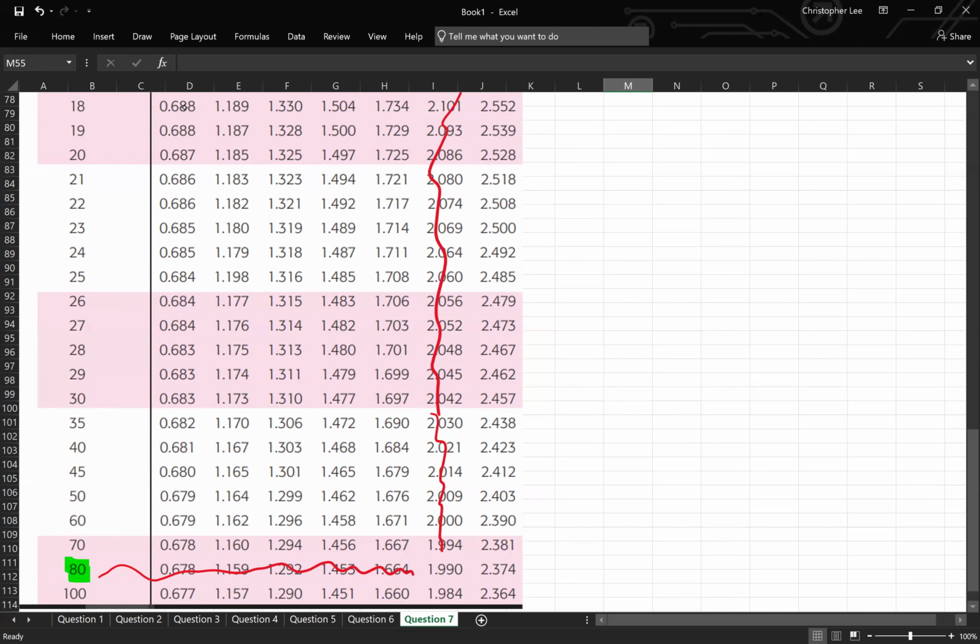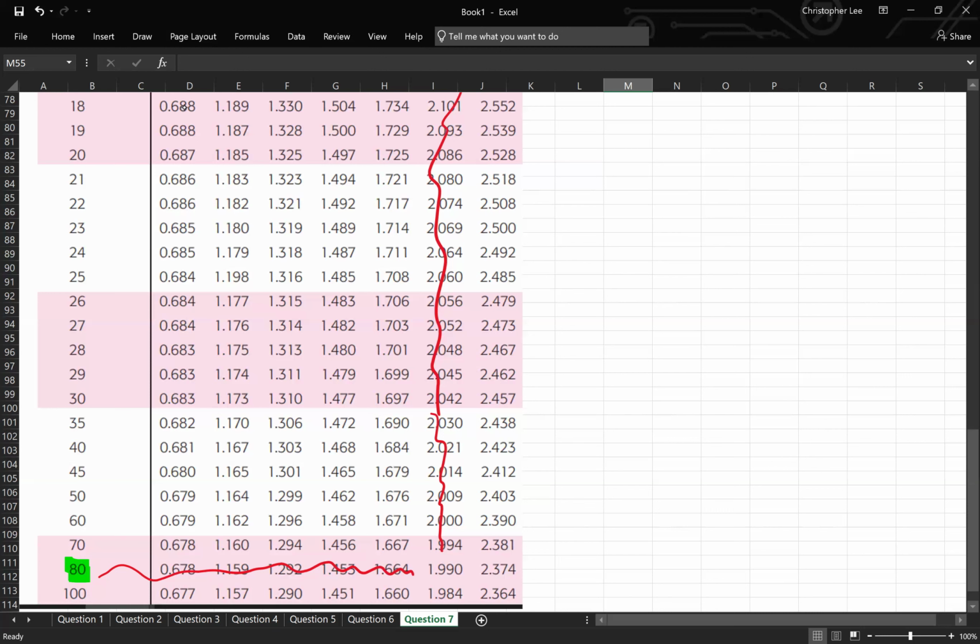If I choose the 100 one, I'm giving a range that is smaller, so there's a chance that smaller range won't contain the population mean mu. If I use the one that's smaller, the 80, I'm giving a larger range. So there's a greater probability that I'm gonna capture the population mean. And that's what I want to do here. I want to estimate what that population parameter could be. That's why we use a smaller one.